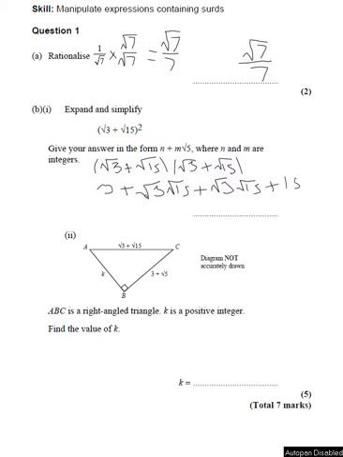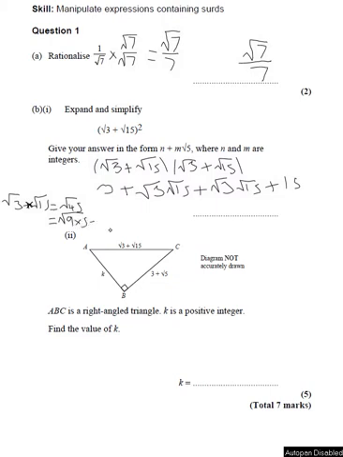Now, what is root 3 times root 15? Well, I can put that all into 1 square root. That would give me root 45. And I know 45 is 9 times 5.